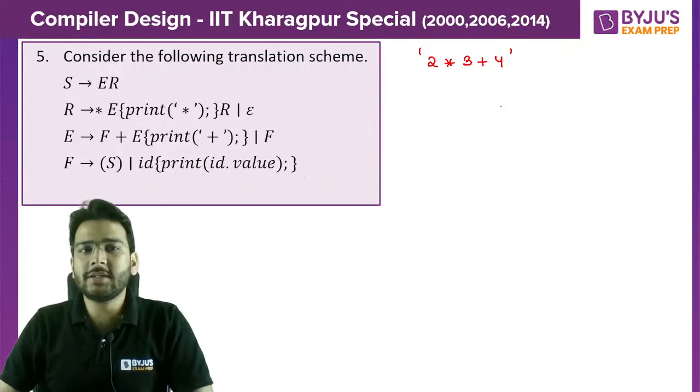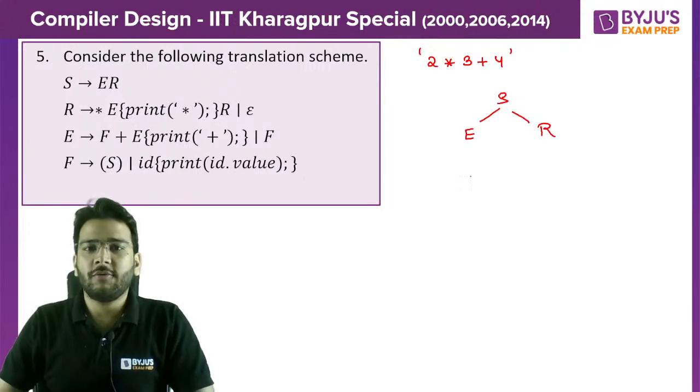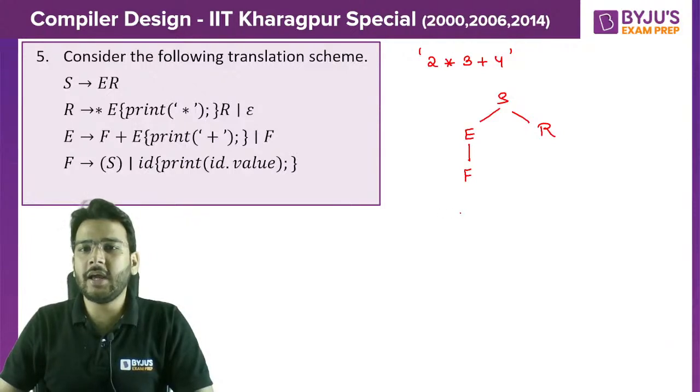So let's do it, guys. Let's make the tree here and find out the answer. From S I can get E and this R. Then from this E, I can write F here.